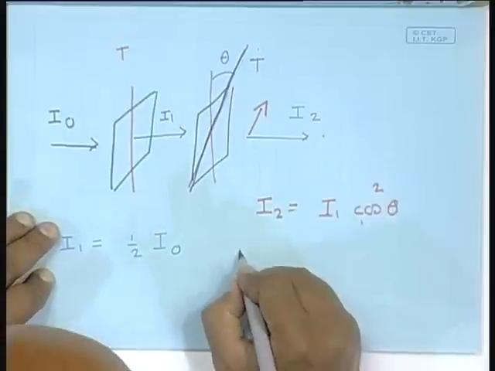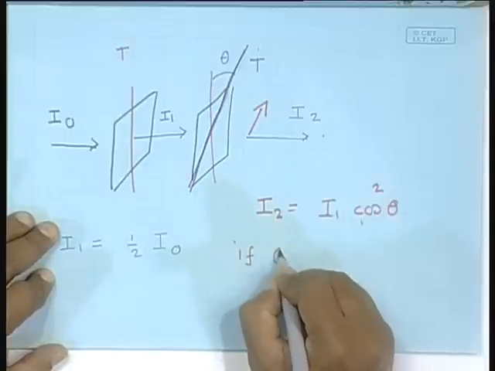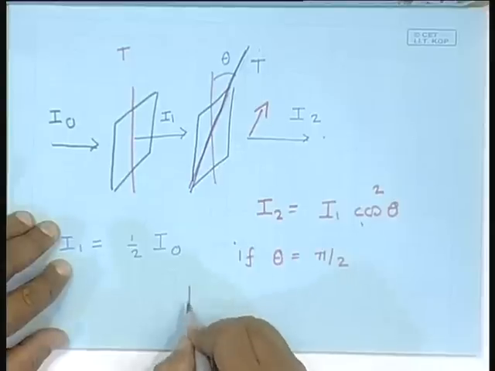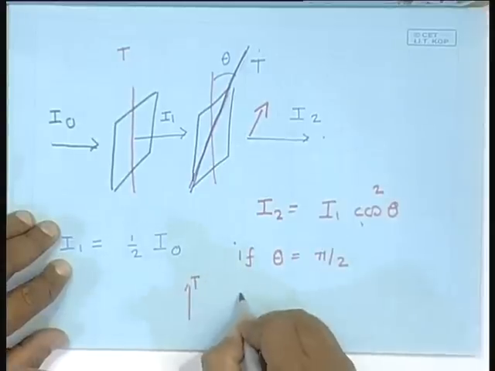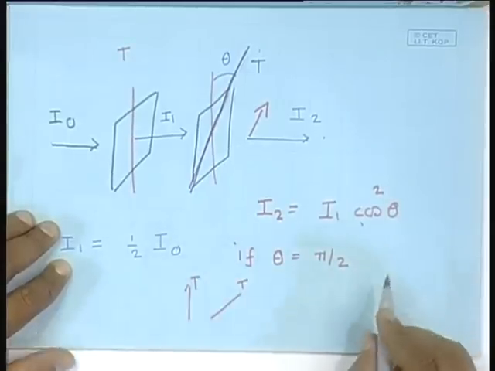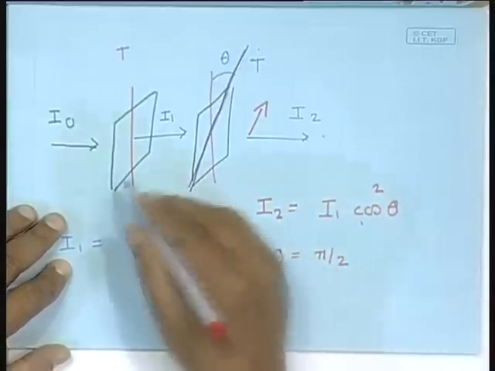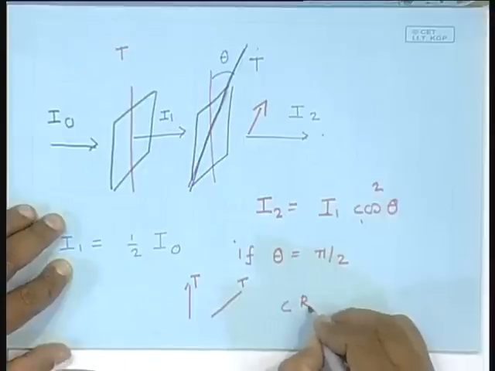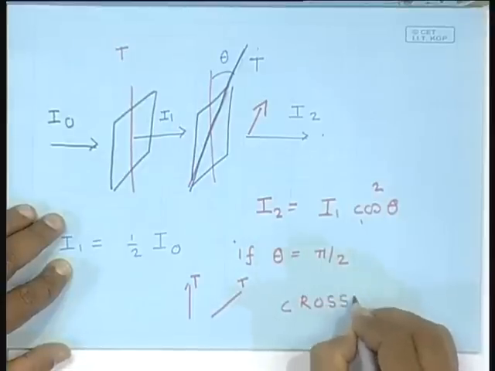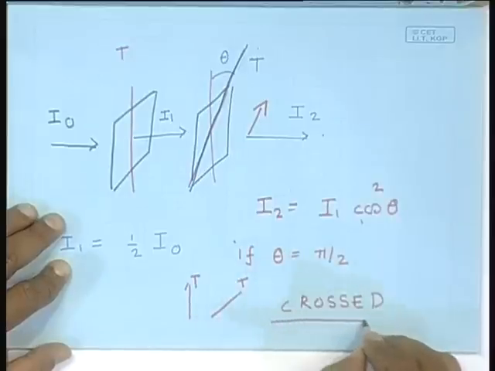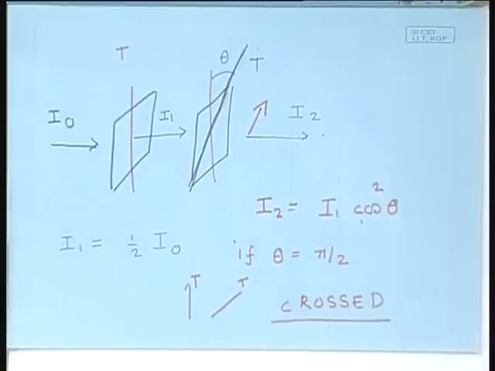So, if theta is pi by 2, the two transmission axes are perpendicular, and the intensity of the light that comes out is 0. The polarizer and the analyzer are said to be crossed in this situation. So, for crossed polarizer and analyzer, there is no radiation that comes out.